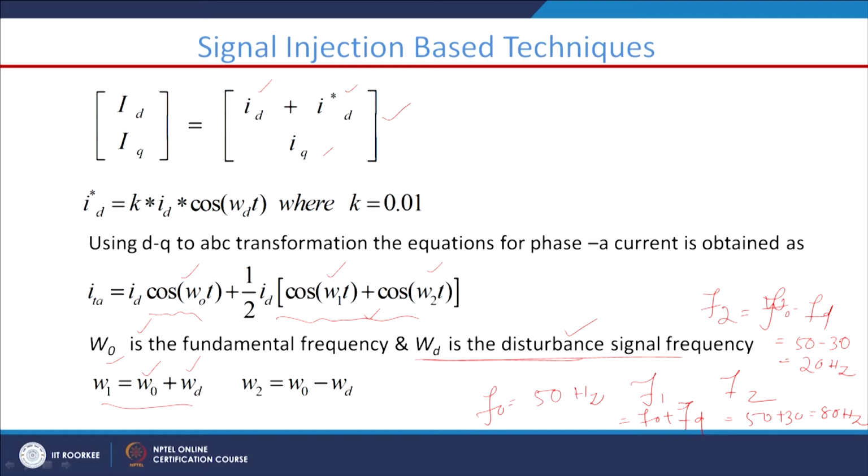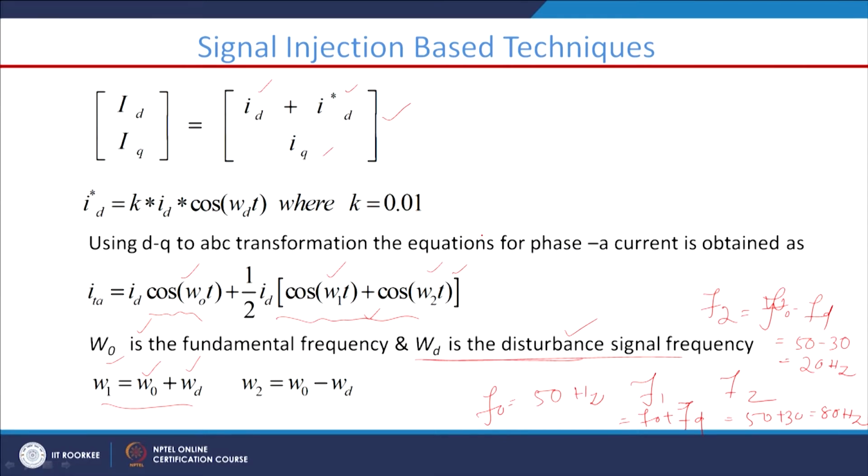That means the range is within 80 hertz to 20 hertz. The frequency of the second component of the instantaneous phase A current lies between these two. So many exercises can be done, and many parameters or quantities we can take and analyze to determine whether there is islanding or not.